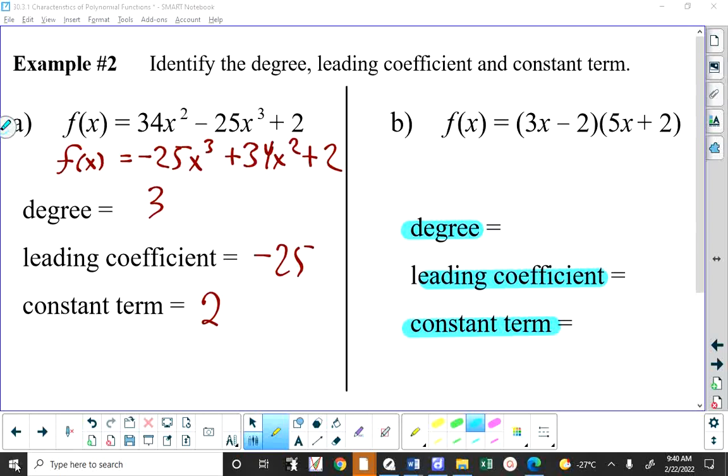When you write out a polynomial in decreasing degree, it's the first term that's going to tell you the leading coefficient and the degree, and it's the last term that's going to tell you the constant term.